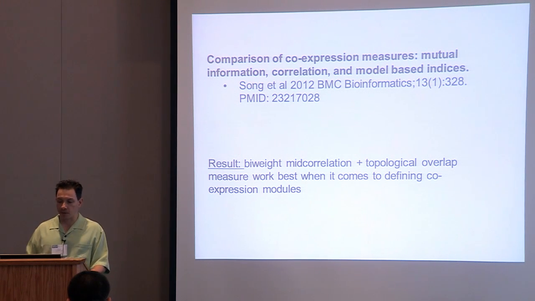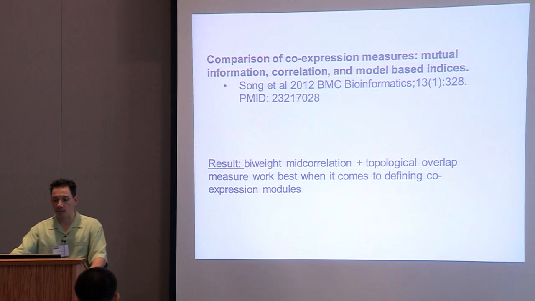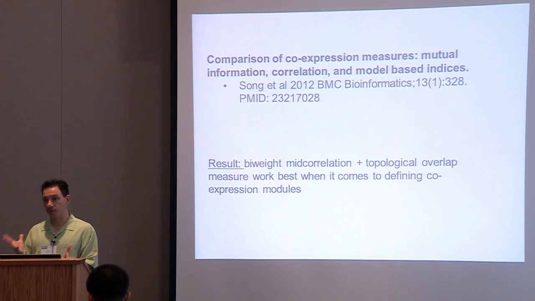And fortunately, I convinced Lin Song to carry out a completely unbiased analysis, an empirical evaluation on 8 different applications, ranging from brain cancer to mouse genetics. And we judged different methods with respect to the biological meaning, or more precisely, the GO enrichment of the resulting modules.